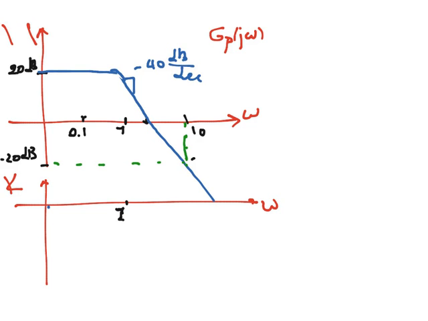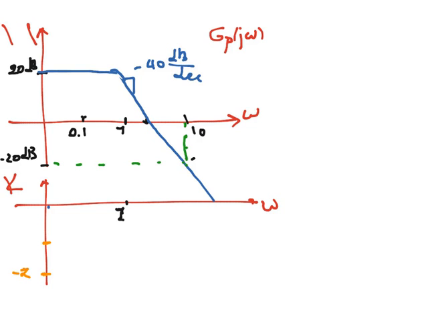In terms of the phase or angle plot, the original phase that we had was 0 degrees, and at very high frequencies, as omega goes towards plus infinity, the phase becomes minus pi.